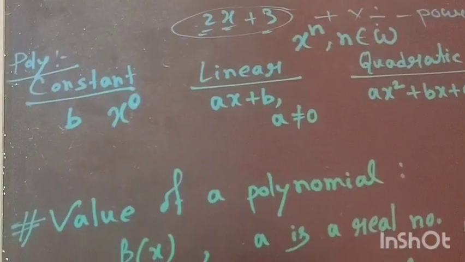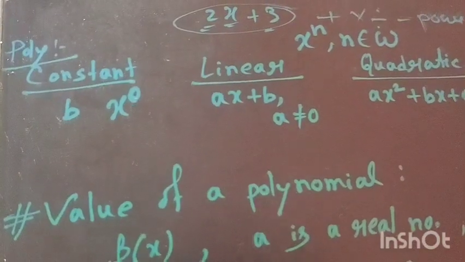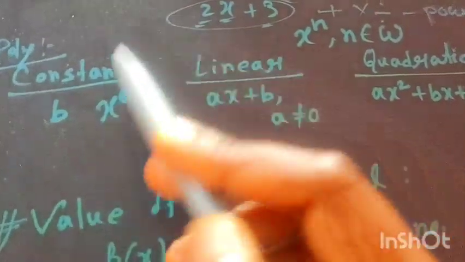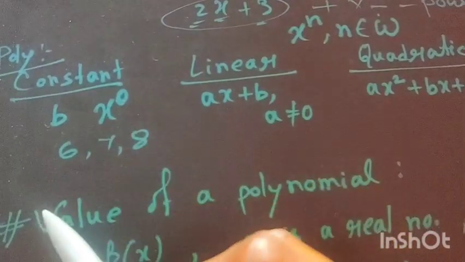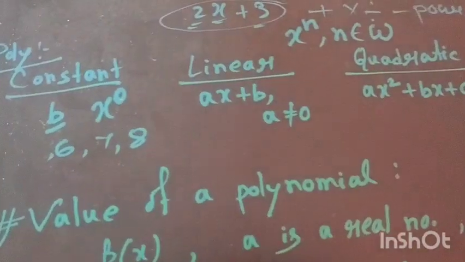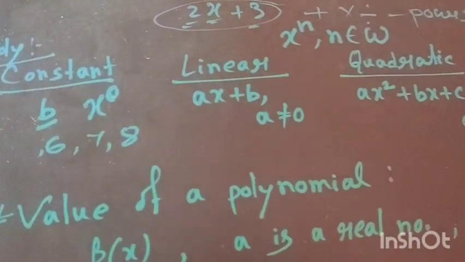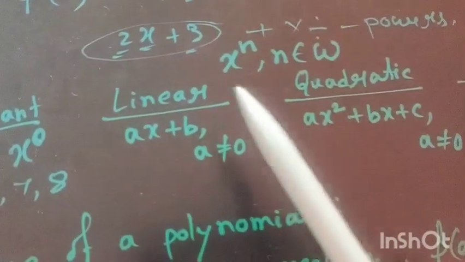We can also call it a zero polynomial. Examples are 6, 7, 8, or any constant, just like b. Here b contains some number like 6, 7, 8, 9, 10. So these are the general forms.